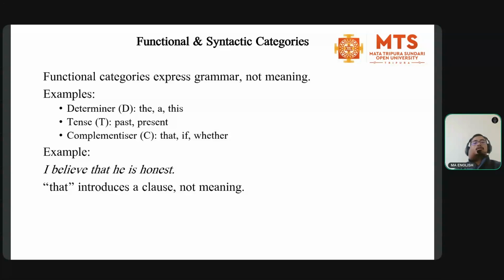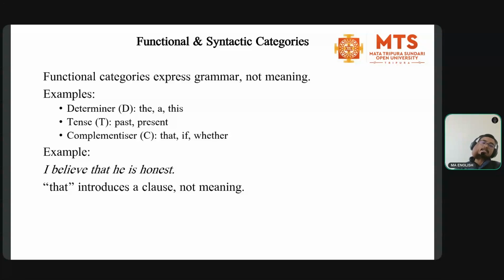We usually cannot say, book is on table now. So we need determiners like the or a to make the sentence grammatical. Tense elements help us place actions in time. Without tense, we cannot clearly say whether something happened in the past, present, or future.